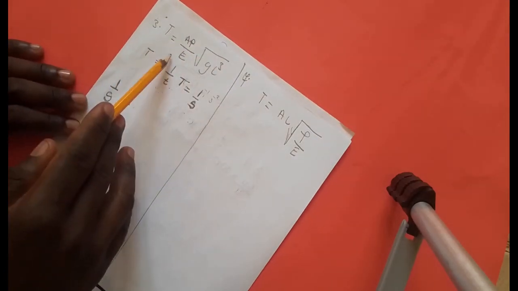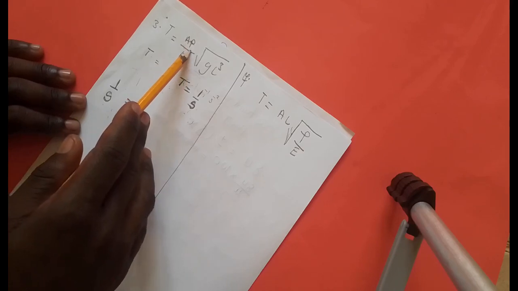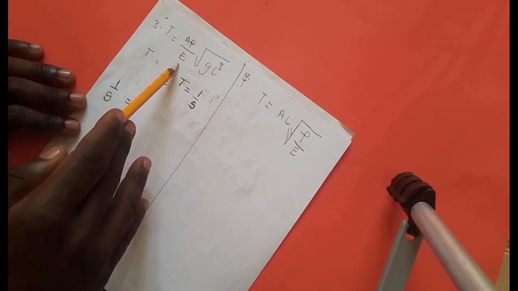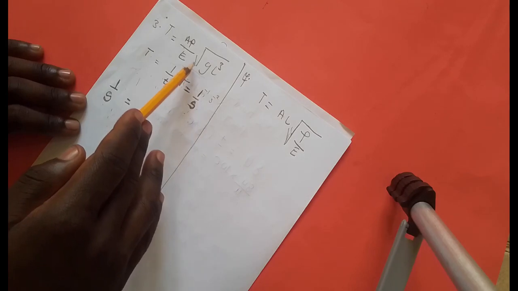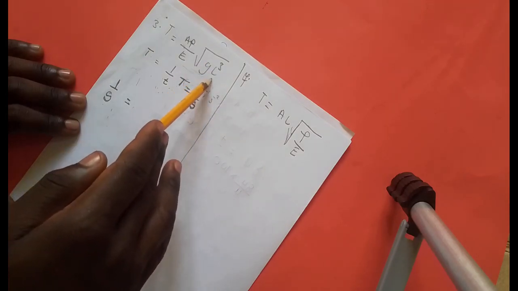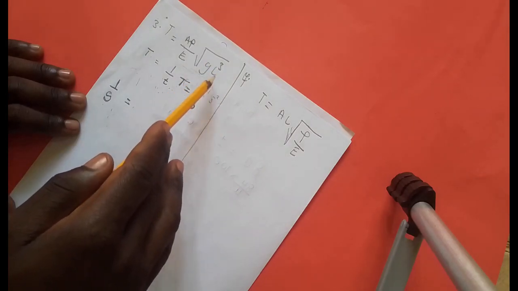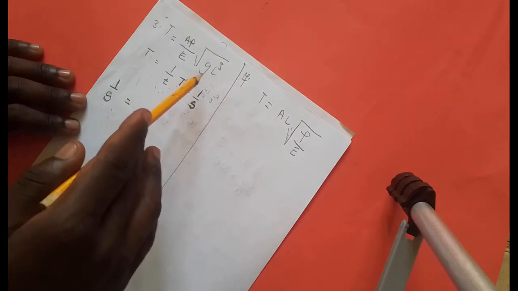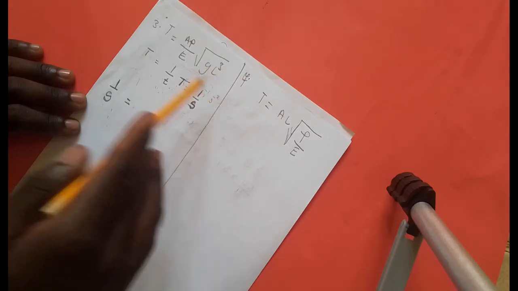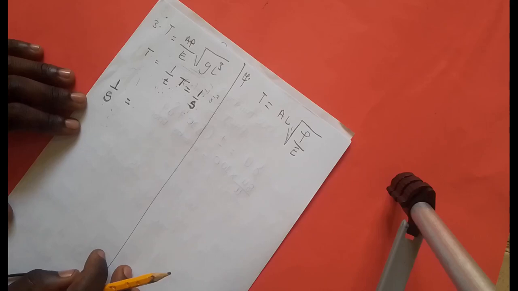So T is equal to a times rho over modulus E, root of g L to the power 3, right? L is in meters, the length of the rod. Then g is the gravitational acceleration. So let's now start substituting each variable with its unit.